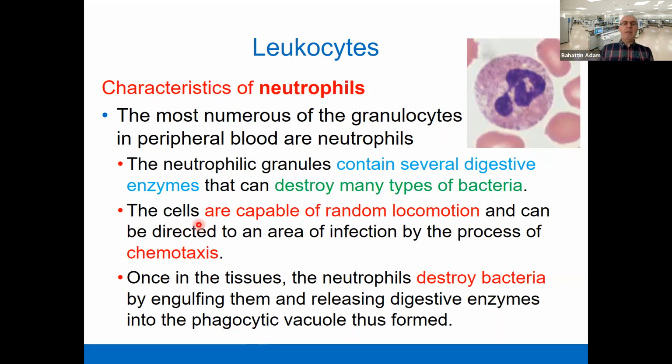The cells are capable of random locomotion and can be directed to the area of infection by the process of chemotaxis. Once in the tissue, these neutrophils become phagocytes, engulf bacteria, and destroy them via the digestive enzymes included in the neutrophils.